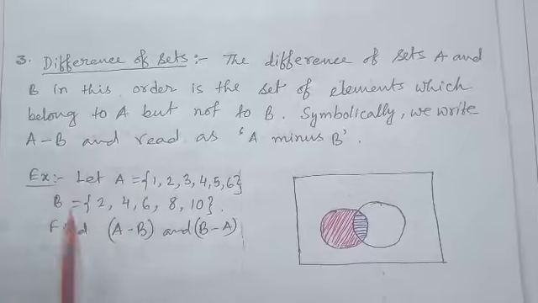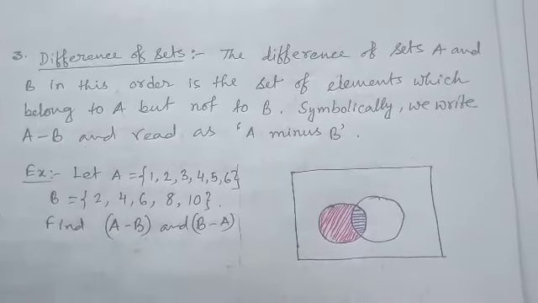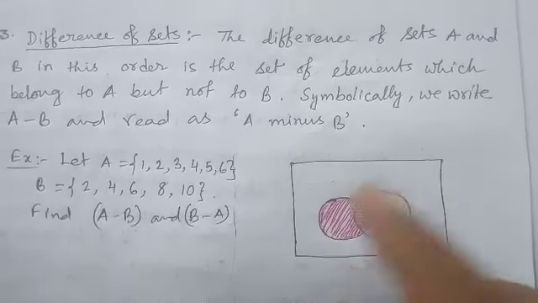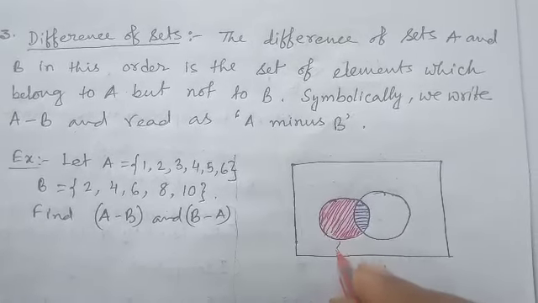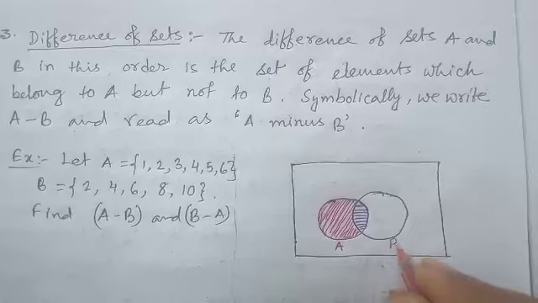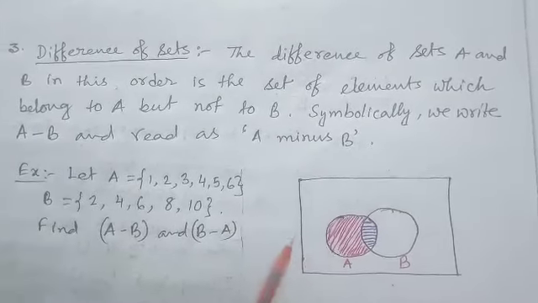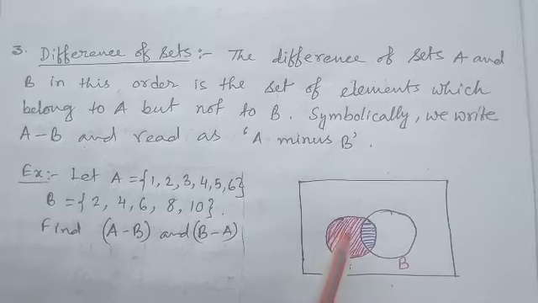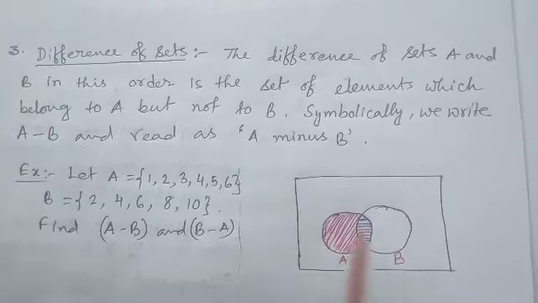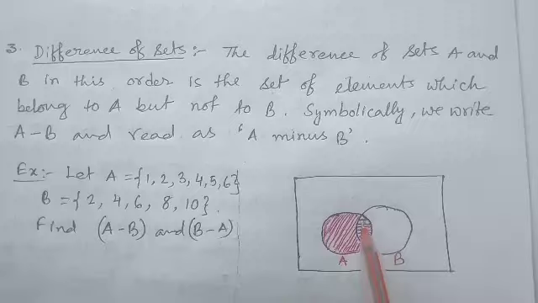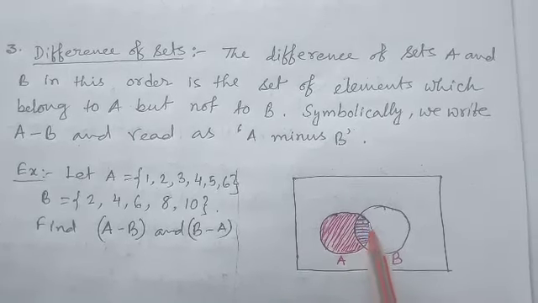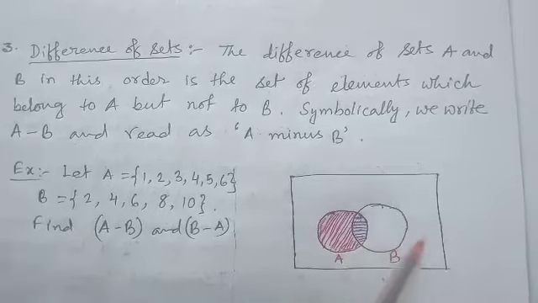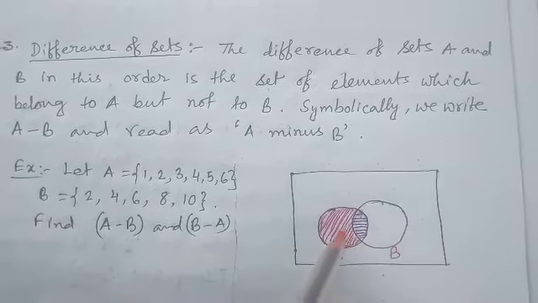Here, first you see the Venn diagram of the difference of sets. You consider here set A and set B. So the difference of set A and set B is this portion. Why this portion? Here you see this blue ink portion. This portion is your common portion. You should subtract it from the set.